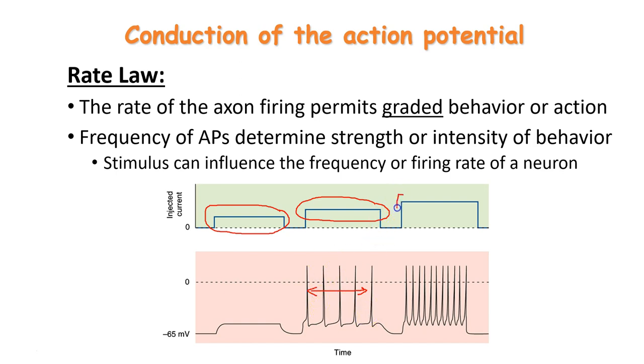But if you increase the current even further, you're not going to generate a bigger action potential, but you are going to generate more action potentials. So the frequency or rate of action potentials increases relative to the intensity of the stimulus.